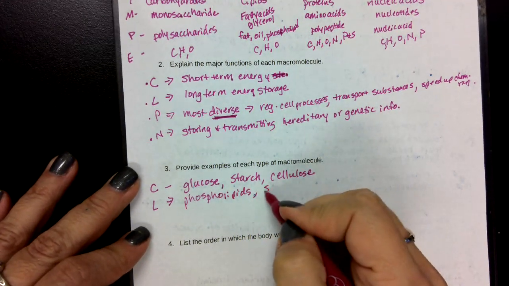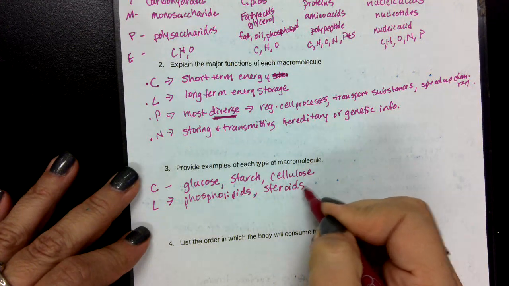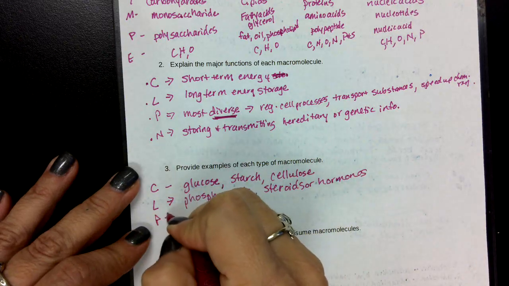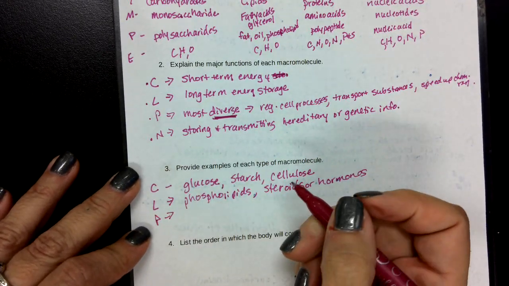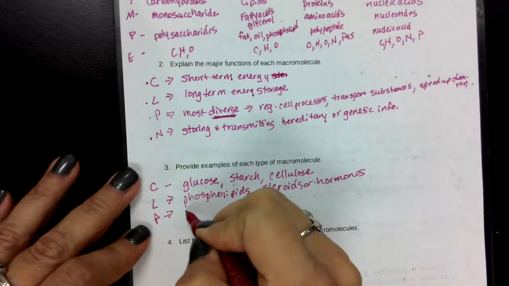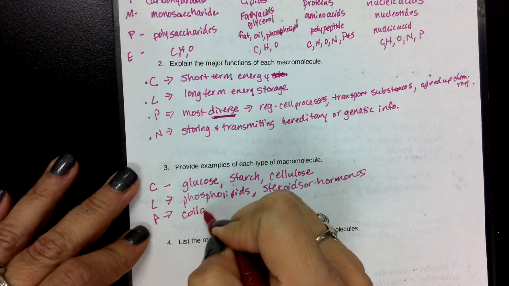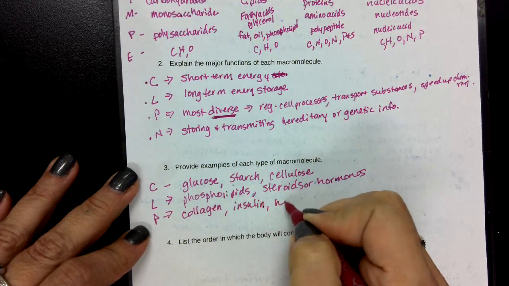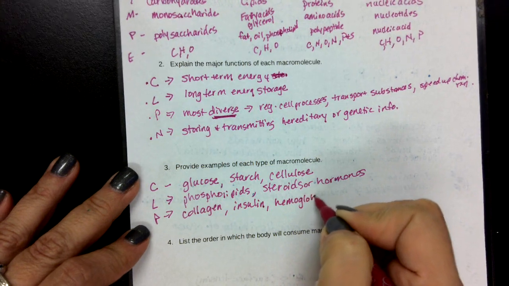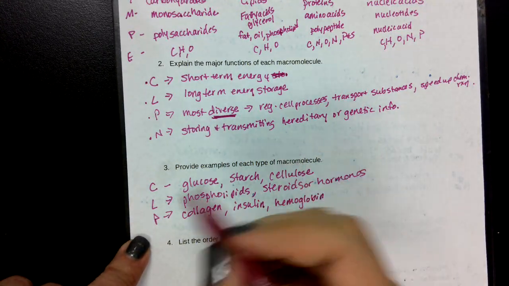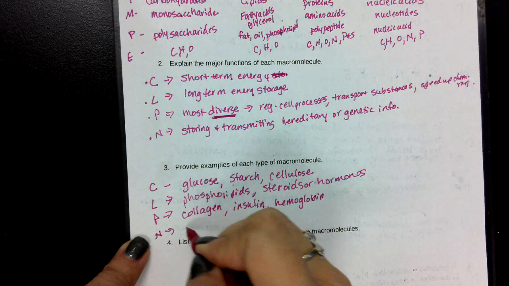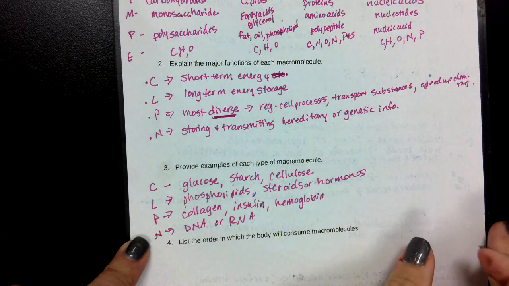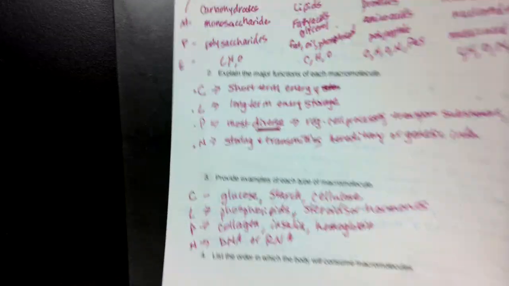You may see steroids or hormones. Proteins, collagen, insulin, hemoglobin are examples that you may see. And then nucleic acids, you only have the choice of DNA or RNA. All right, so you got that checked?